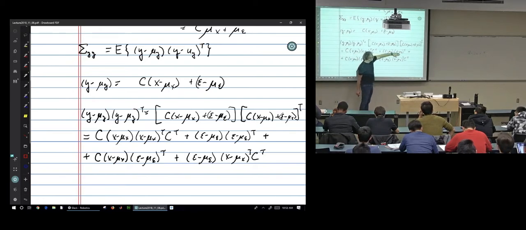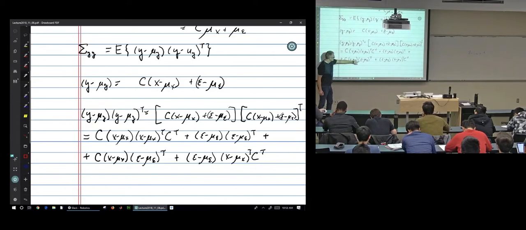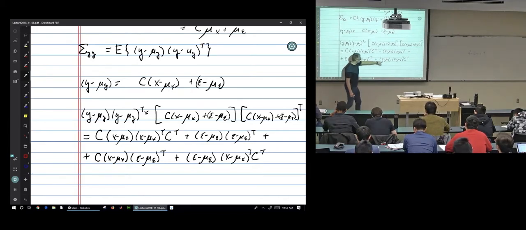This is the definition of the variance of the noise, epsilon. What is this term? Yeah, that's the correlation between x and epsilon. We've assumed that's 0. And then we have the correlation transposed, okay?